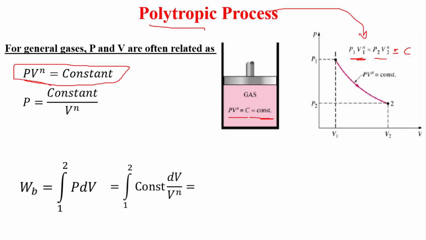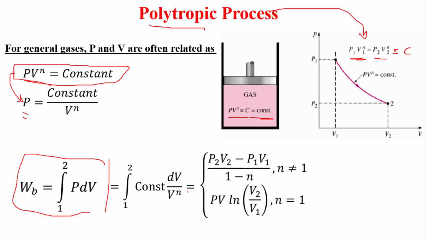Instead of writing this equation in this format, we can write it like this in terms of pressure. Okay, so we'll start from the definition again. And instead of pressure, I can write C over V to the n, or constant. So if we continue the integration, we'll get this value, or we can get this value if we consider n equal to 1.